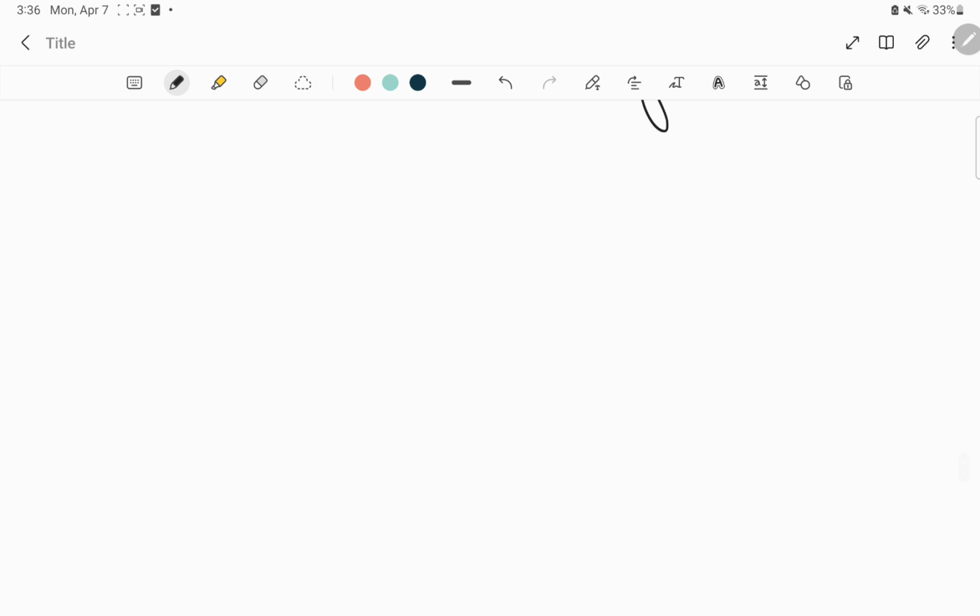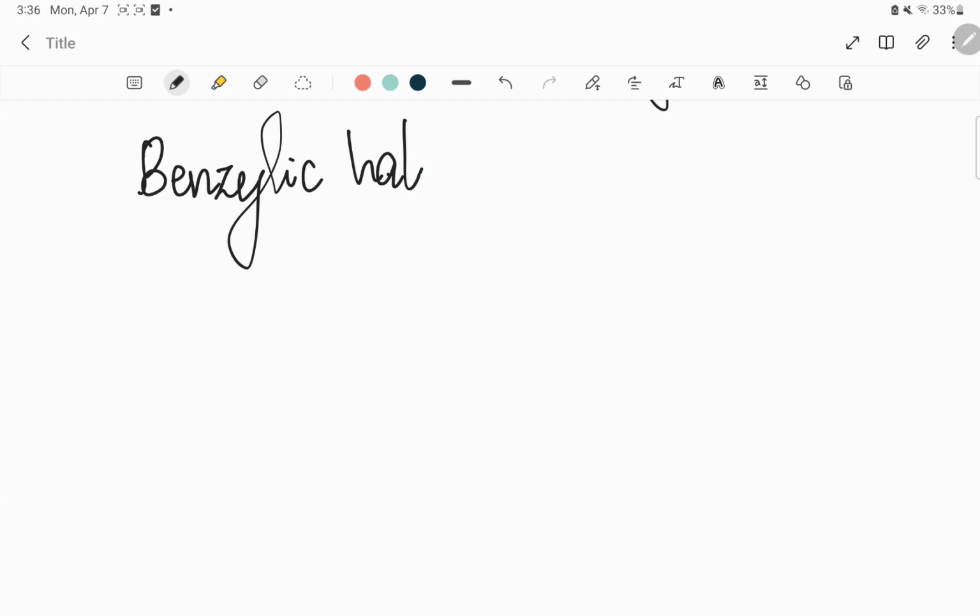Now let us go to the next type of haloalkanes, that is benzylic halides. Even in benzylic halides, there is a halogen attached to an sp3 hybridized carbon. When I say benzylic halide, it means the halogen is attached to an sp3 hybridized carbon which is directly attached to an aromatic ring.